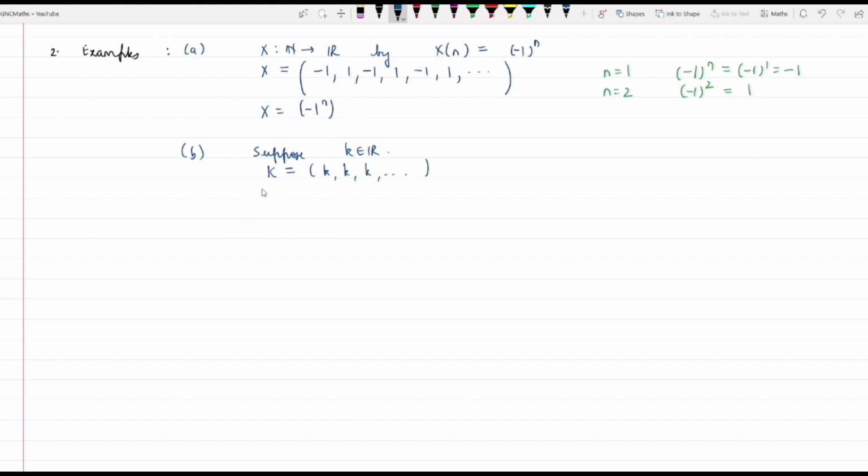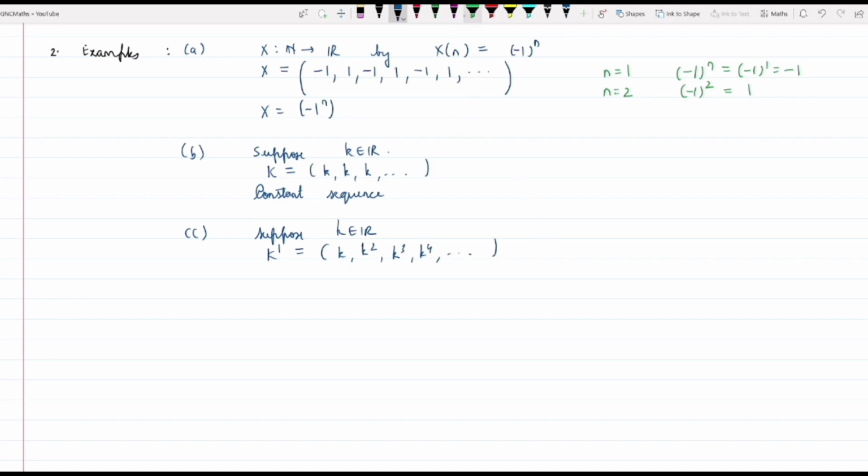Such a sequence is known as a constant sequence. For the same k, I could define another sequence, say k prime, and k prime is given as k, k square, k cube, k raised to 4 and so on and so forth.